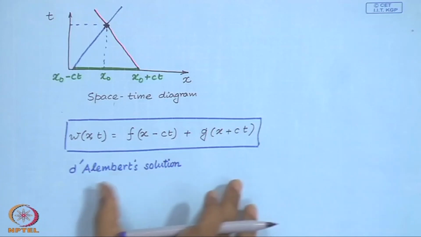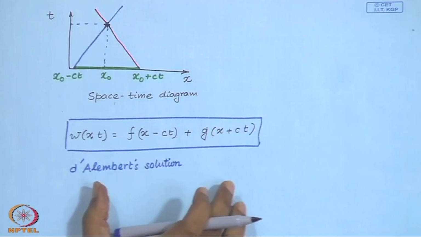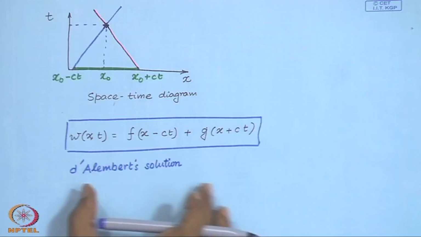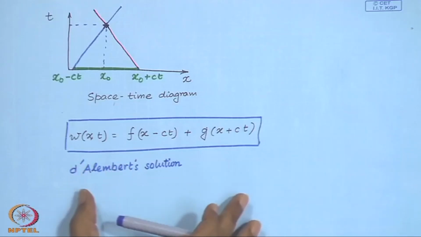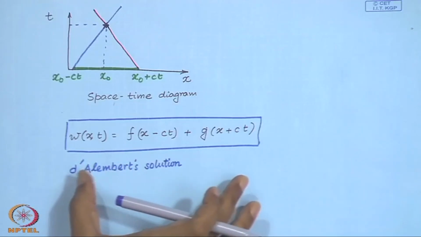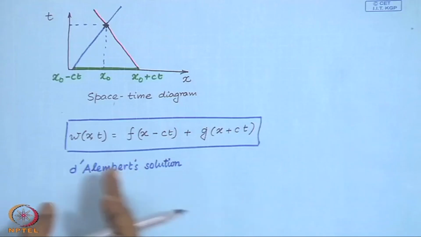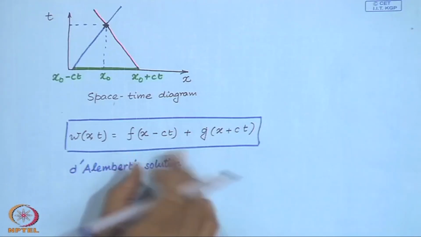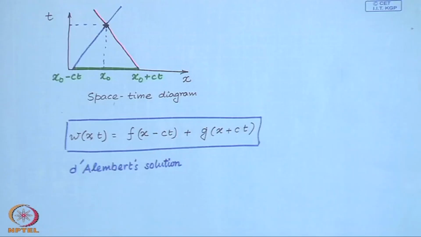So, this is the Alembert solution of the wave equation. So, this structure clearly shows that we can think about any solution of the wave equation in terms of positive and negative travelling waves.